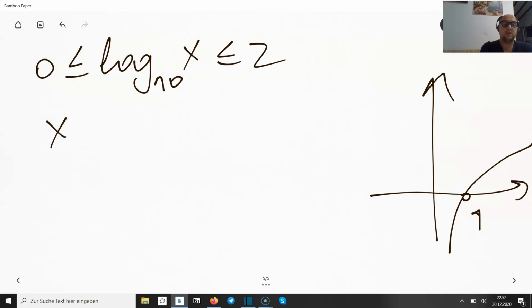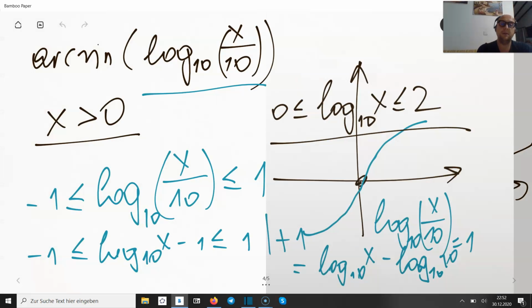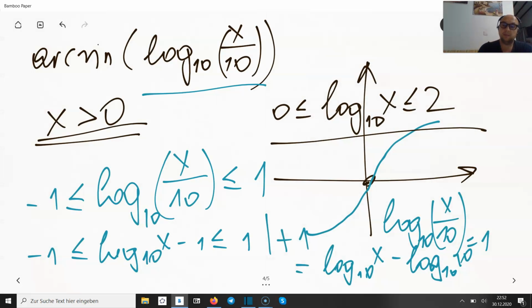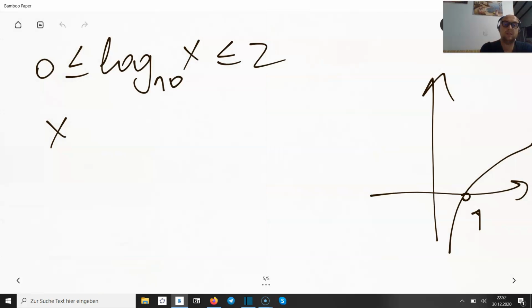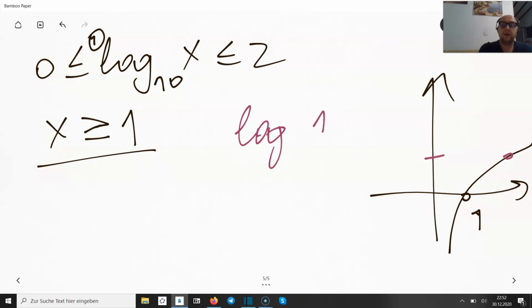So x needed to be bigger than 0 previously, but now we go further and we see x must be bigger or equal than 1 in order to fulfill this inequality. What about 2? Well, this is somewhere here. What does somewhere mean? It's 100, right? Because if we have a logarithm of 100 to the base of 10, it's going to be 2 because 10 squared is 100. So x is bigger or equal than 1 and less or equal than 100.